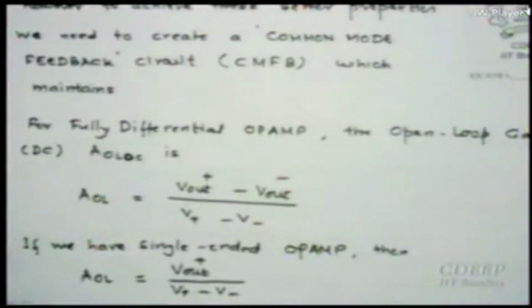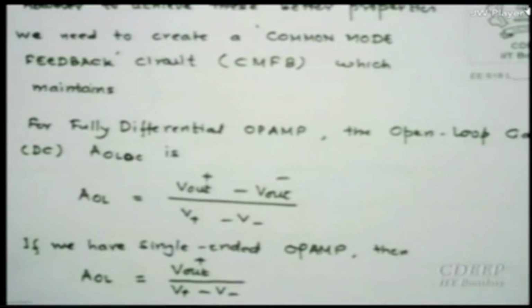Just to go back to the open loop and closed loop gains of a normal differential system: the open loop gain of a fully differential circuit is nothing but Vout plus minus Vout minus over V plus minus V minus.